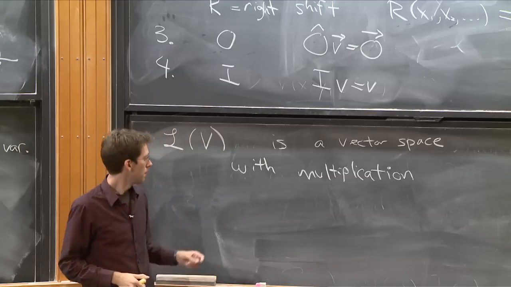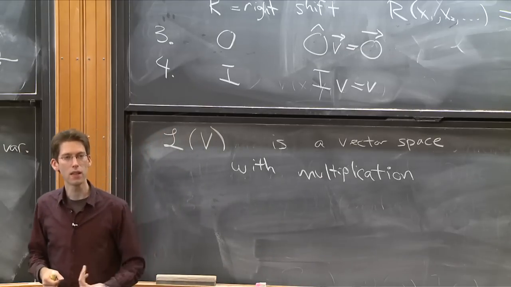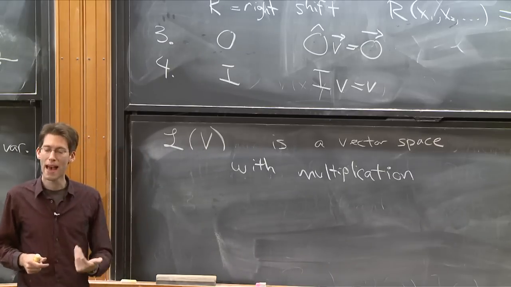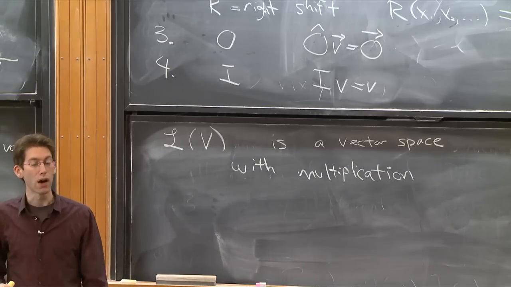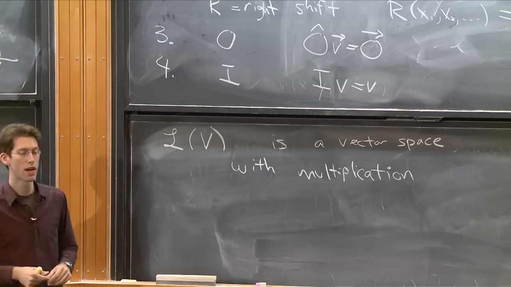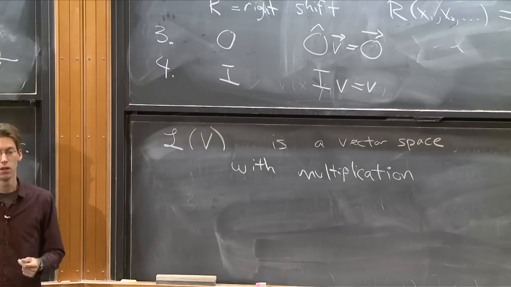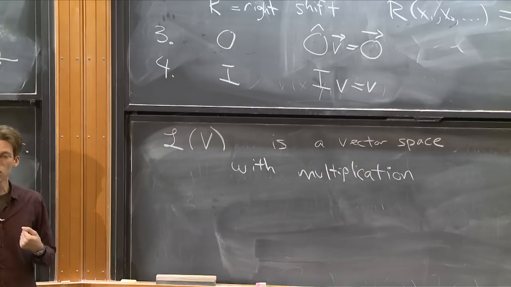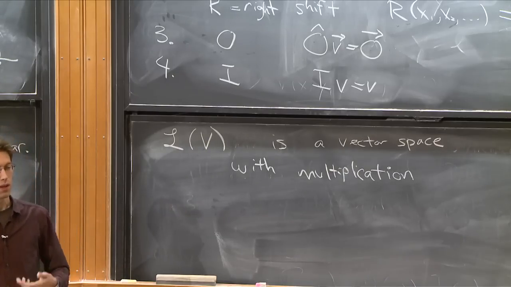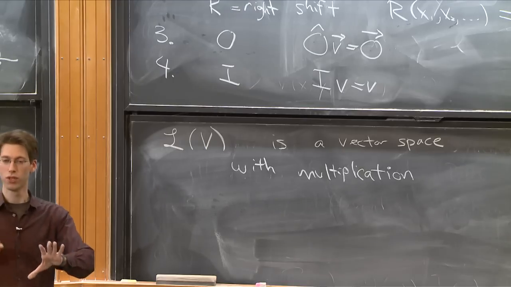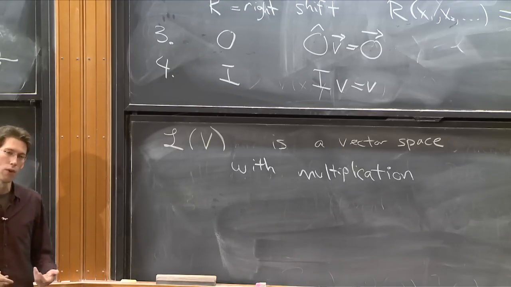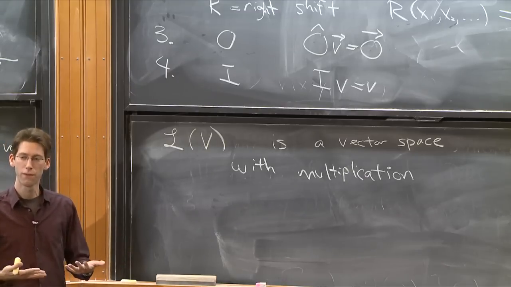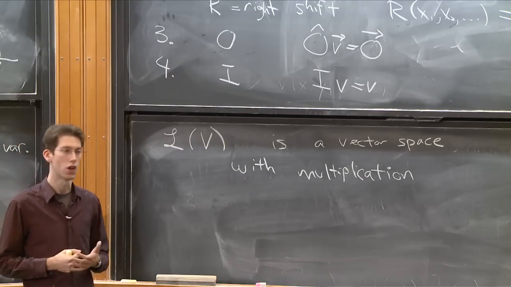And here, we're finally making use of the fact that we're talking about linear maps from a vector space to itself. If we were talking about maps from V to W, we couldn't necessarily multiply them by other maps from V to W. We could only multiply them by maps from W to something else. Just like how if you're multiplying rectangular matrices, the multiplication is not always defined if the dimensions don't match up.